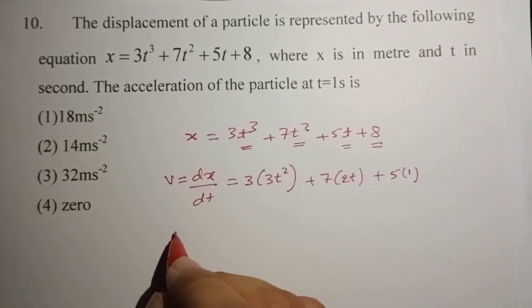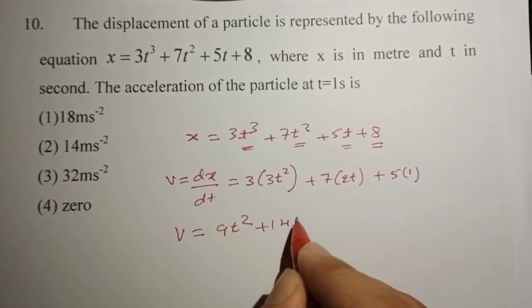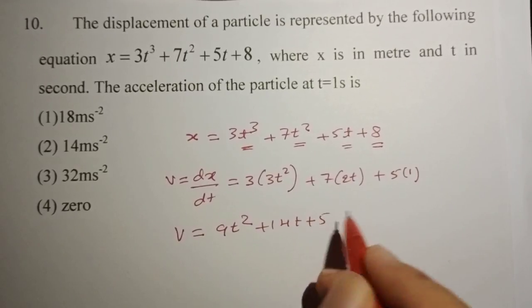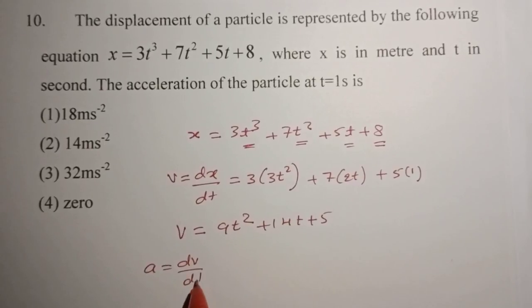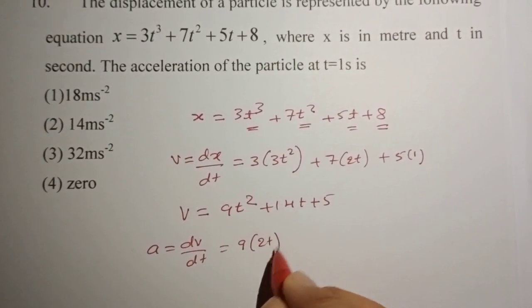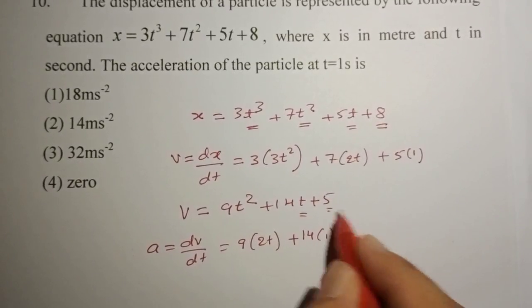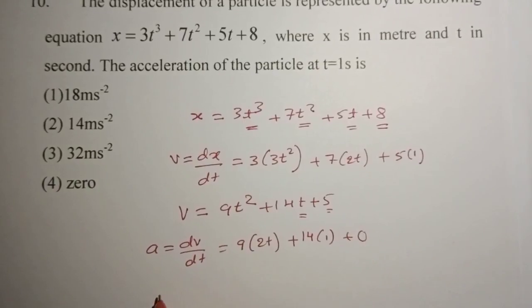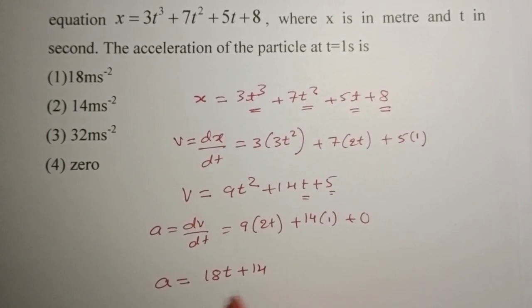So you get velocity equal to 9t square plus 14t plus 5. To find acceleration, we have to differentiate this velocity once again. So 9 into the differentiation of t square is 2t, plus 14 into the differentiation of t is 1, plus the differentiation of a constant is 0. So acceleration is equal to 18t plus 14.